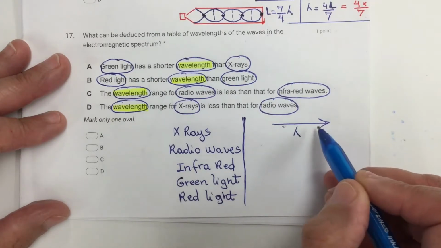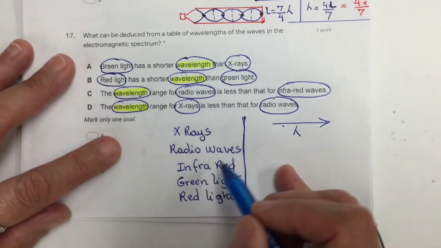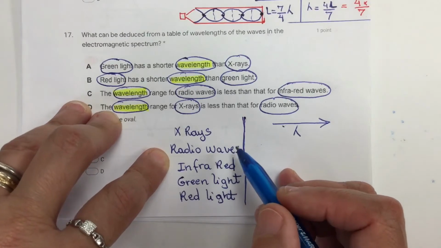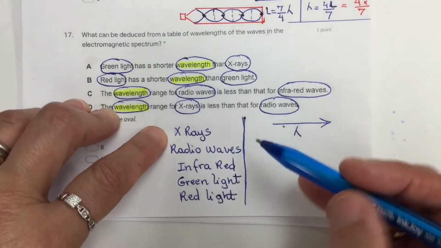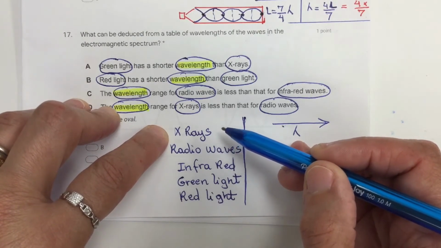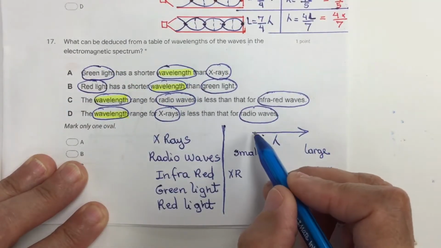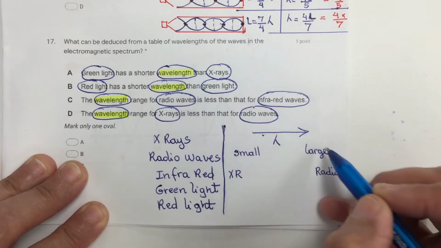We know radio waves have the greatest wavelength of all, and X-ray will be the shortest wavelength, which means the smallest wavelength will be here and the largest one will be here.